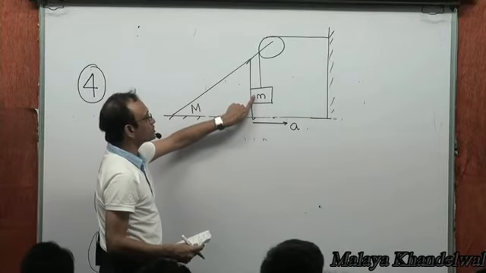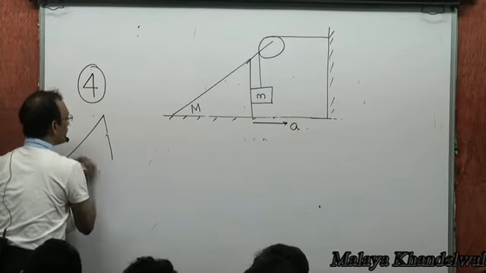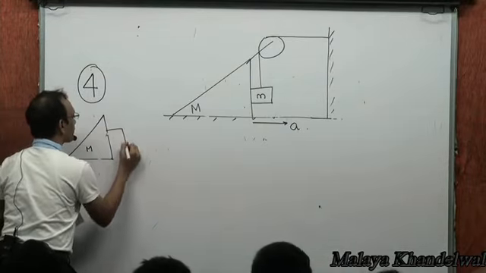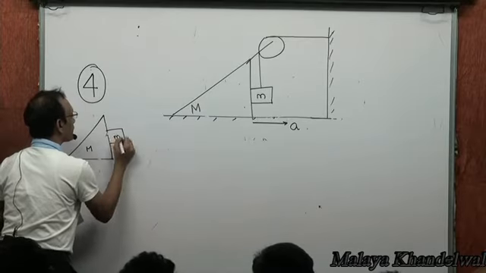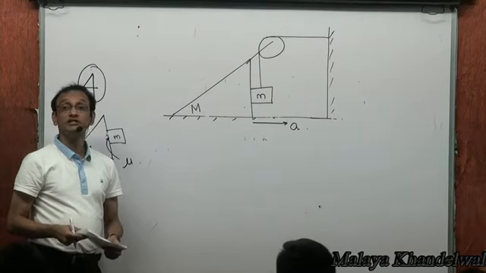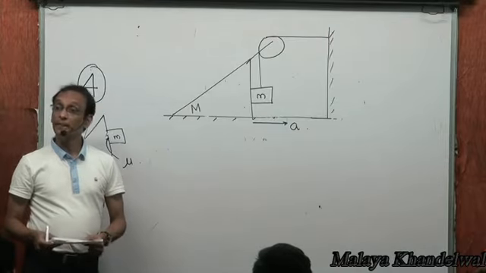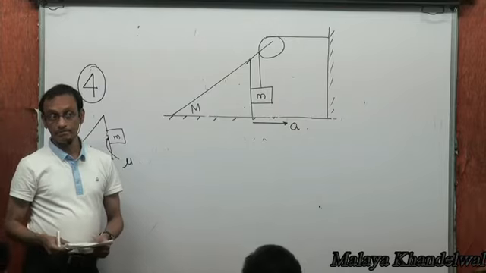And the coefficient of friction between capital M and small m is given to be mu. We want to find the net force on small m.